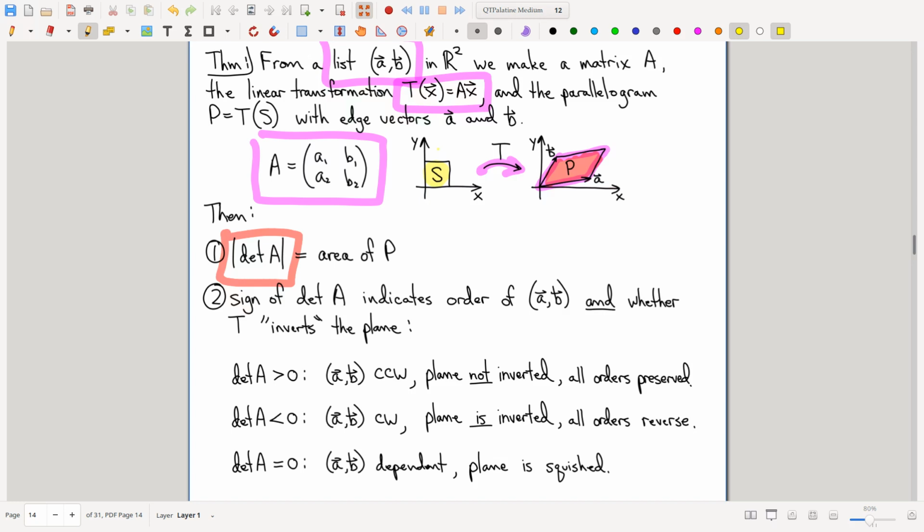Okay, and then here's the other thing about determinant. We can talk about the sign of the determinant. So that's either positive or negative. And that tells me whether the list is counterclockwise or clockwise. How about that? That's pretty surprising if you really think about it, right?